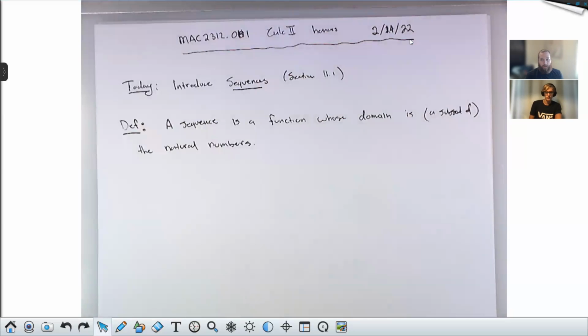And the range or codomain could be anything. Could be pencils, chairs, people, numbers. But what makes a sequence is that it's a function, or a pairing, a rule for pairing objects between two sets, where the domain, the collection of inputs, is discrete, right? And the classic example of a discrete ordered set is the natural numbers.